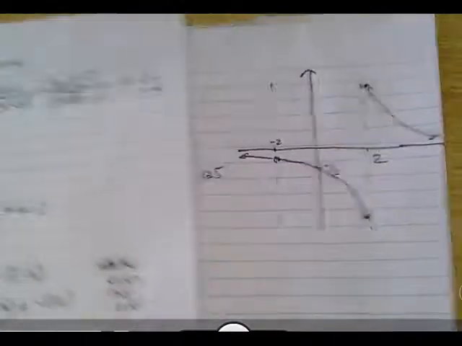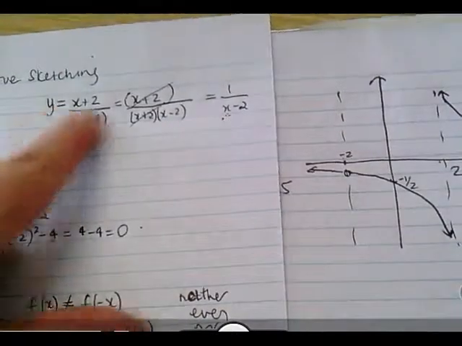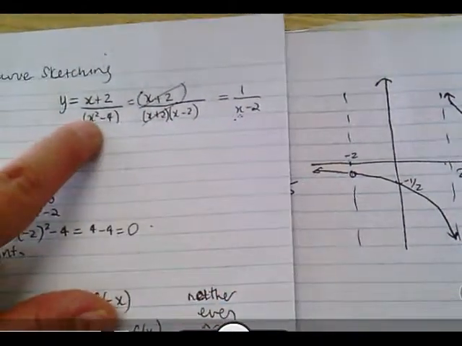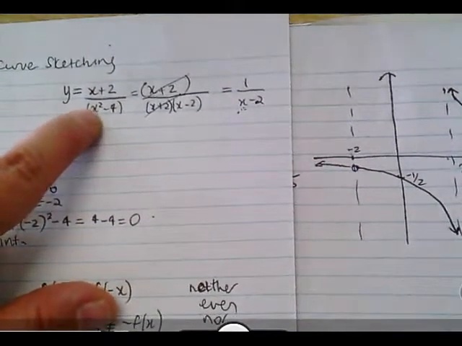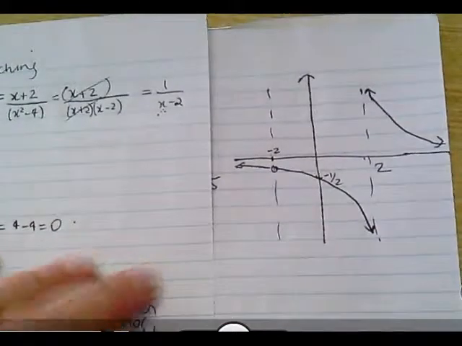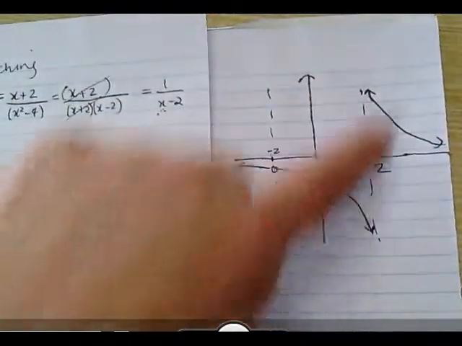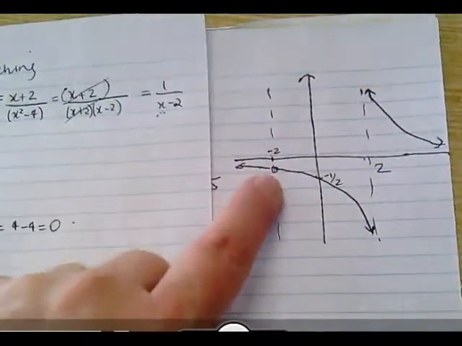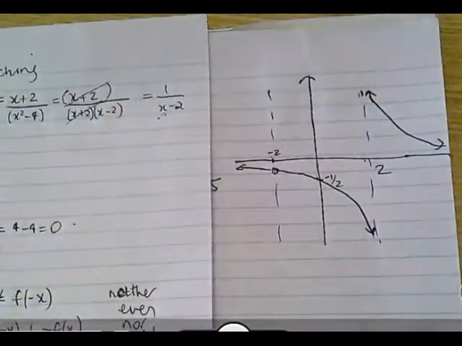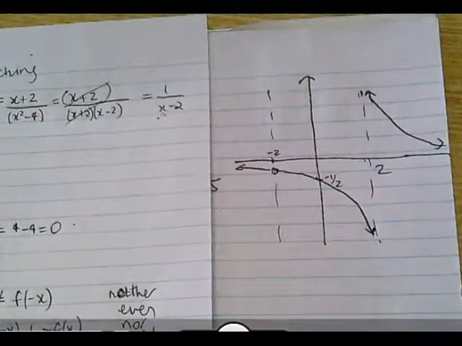You know how we rearranged this and played around with it and said this is 1 over x minus 2? But if you look at the original, there are discontinuities at -2 and +2, like it can't be 2 or -2. Look, I've got the asymptote at 2, but I've got the hole in the curve at -2, but I do have the shape of 1 over x minus 2. That is the shape.